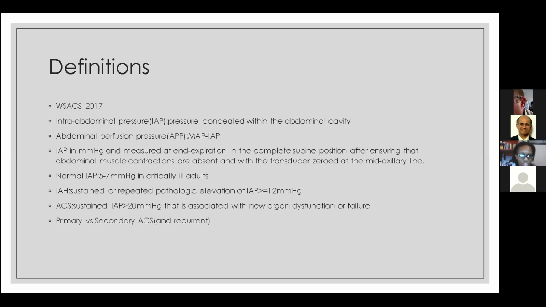Then there are also defined primary and secondary abdominal compartment syndrome. Primary is any cause of abdominal compartment syndrome that arises from the abdominopelvic compartment. Anything that causes abdominal compartment syndrome that doesn't arise primarily from there would be classified as secondary abdominal compartment syndrome.